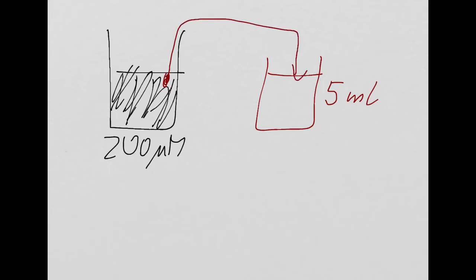And we take 0.625 milliliter of that and put it in here. Put it in this one here. And if we do that, then we get a total of 5 milliliter of a 25 micromolar solution.